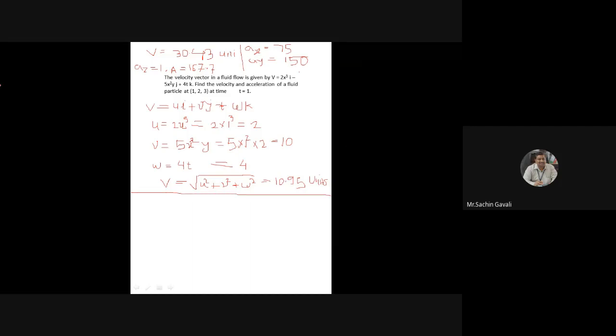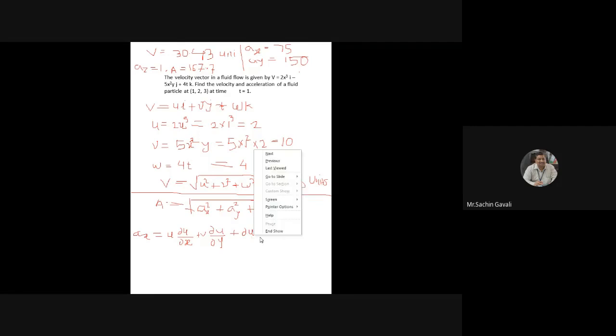Now we want to find out the acceleration. Okay, and the resultant acceleration, we know, capital A is equal to the square root of ax square plus ay square plus az square. Okay.